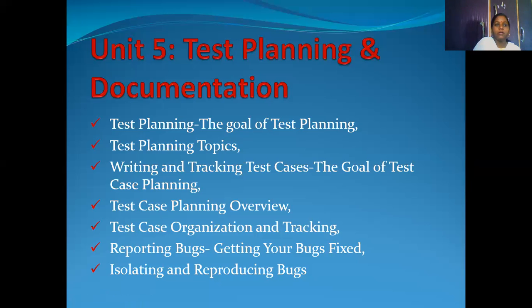That is nothing but the test planning: the goal of test planning, writing and tracking the test cases, test case planning overview, test case organization and tracking, reporting bugs, getting your bugs fixed, and isolating and reproducing the bugs. So these are the points from this topic, test planning and documentation.